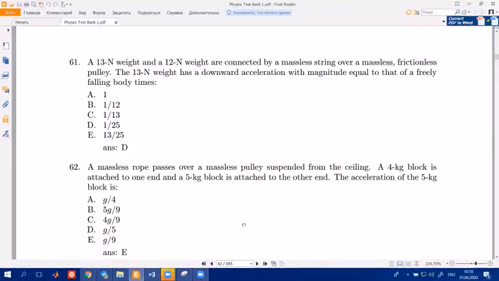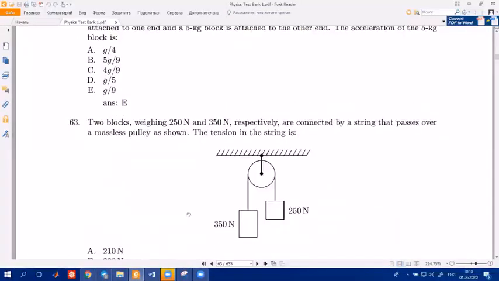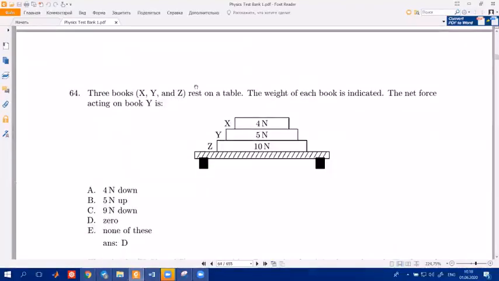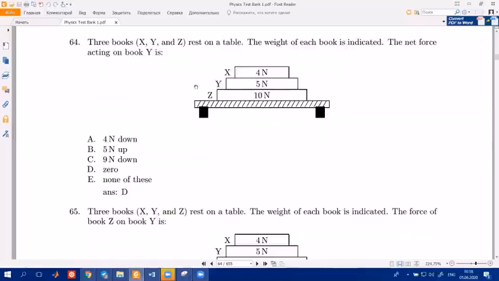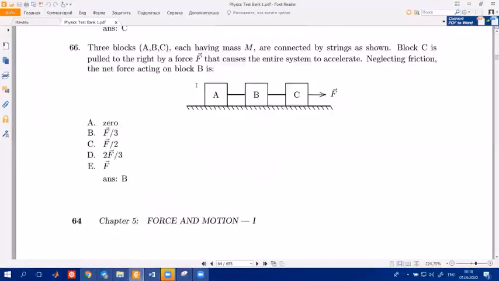Okay, let's move to another problem. Number 66.